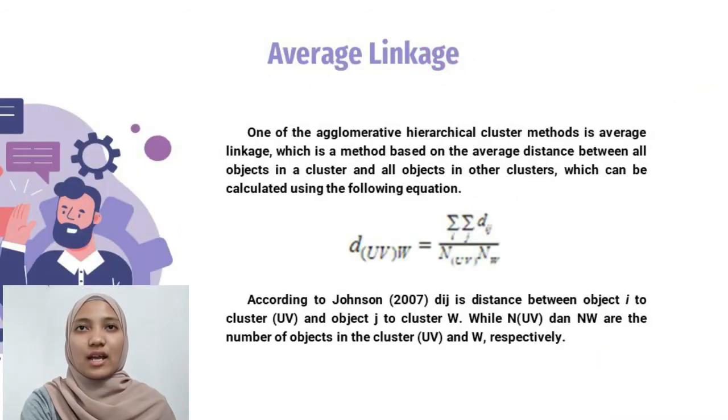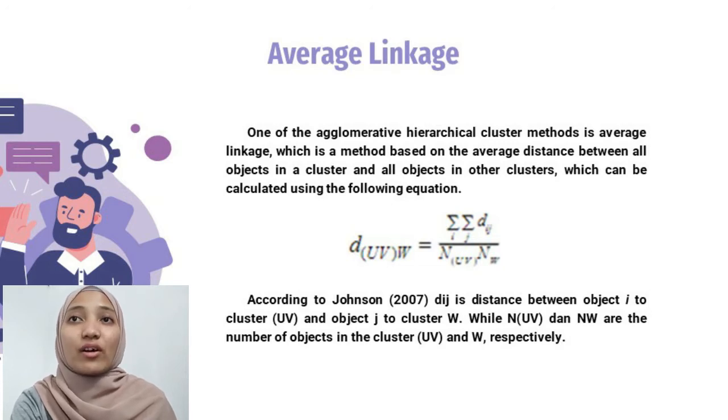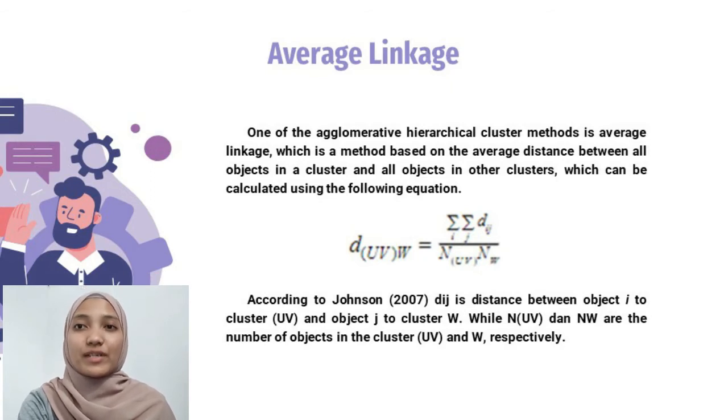Average linkage. One of the agglomerative hierarchical cluster methods is average linkage, which is a method based on the average distance between all objects in a cluster and all objects in other clusters, which can be calculated using the following equation.